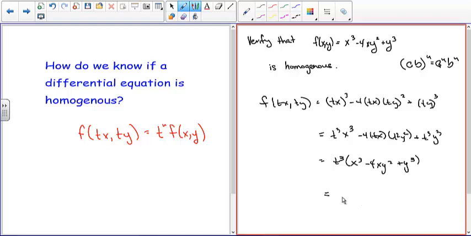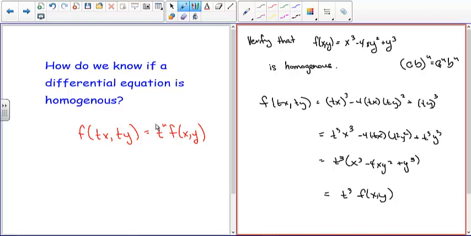So this is t cubed times f of just x, y. The original function was just a function of x, y. So that satisfies the requirement for it being a homogeneous function. In this case, n is 3.